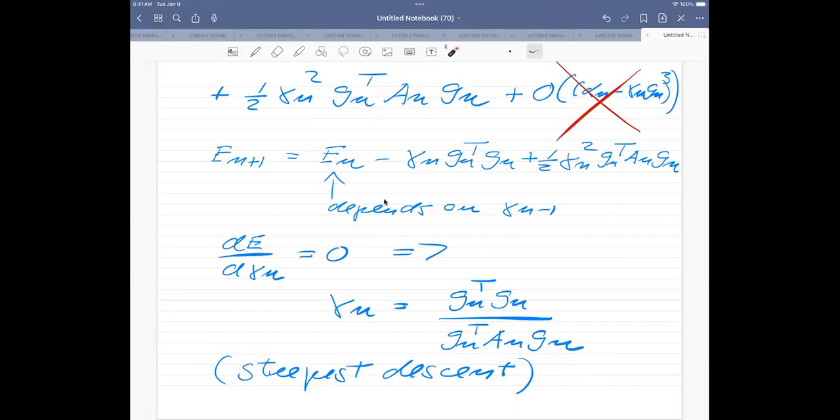If not, many of these methods require us to calculate this ratio. And if this ratio is time consuming to calculate, we want to avoid that. So these are the kind of considerations we have to think of.